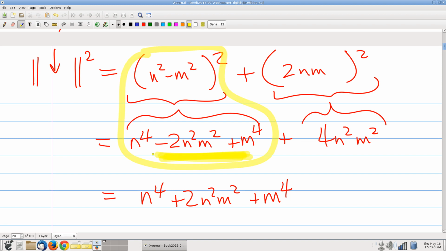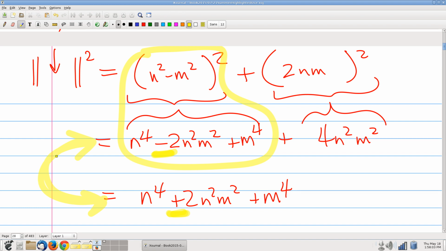Now let me make the observation that this multiplied out thing came from the square of n squared minus m squared. Notice that these two things look kind of alike, the only difference being that the minus sign here is now a plus here.